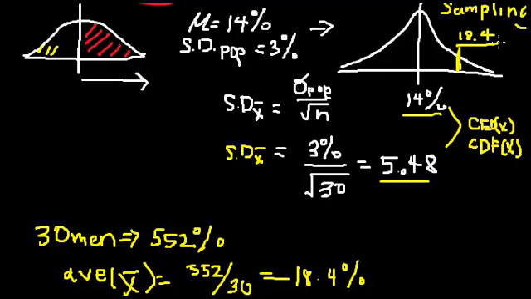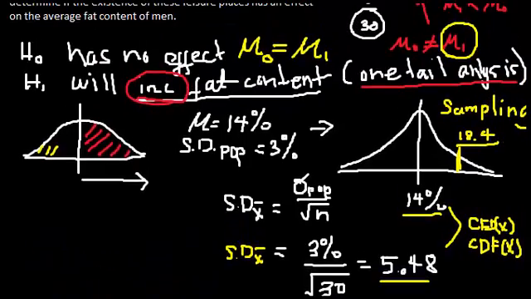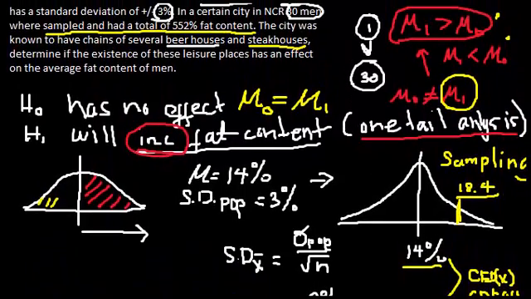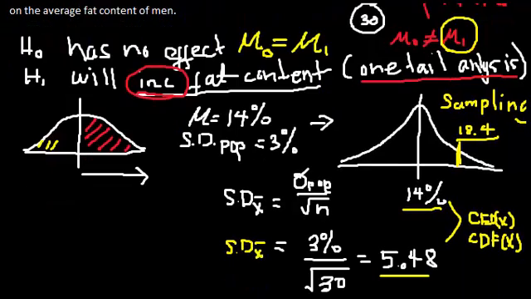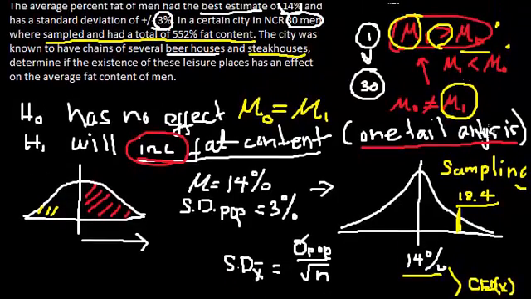And now remember, you said that you wanted to know whether this mu1 right here is more than mu naught. So we wanted to know if it is indeed more than mu naught.